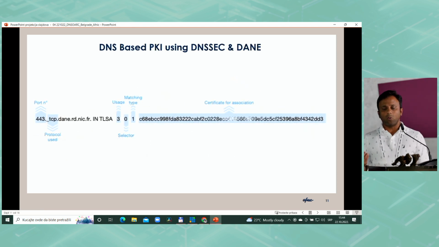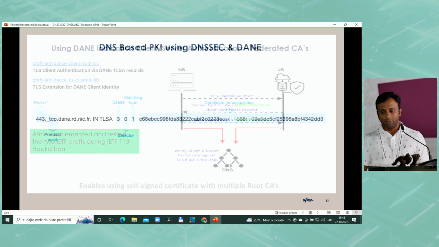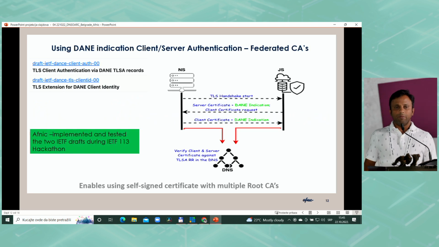So this is where we can solve this using DNS-based PKI, that is DNSSEC and DANE. I'm not going to explain what DANE is, because all of you know that. There is a working group called DANCE in the IETF. DANCE is DNS Authentication of Named Entities for Clients Everywhere. In that working group, there are 2 drafts which say how we can use DANE client ID during the TLS handshake.